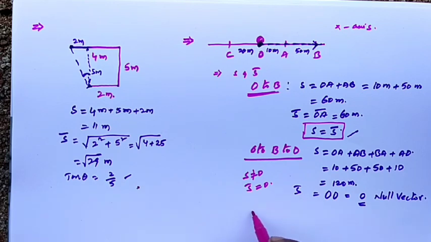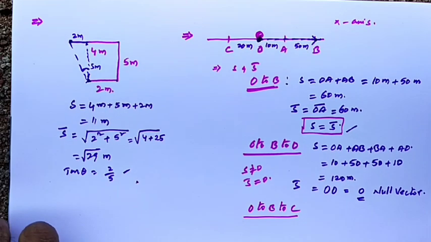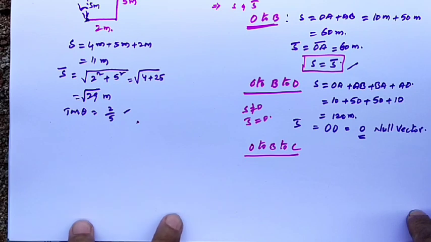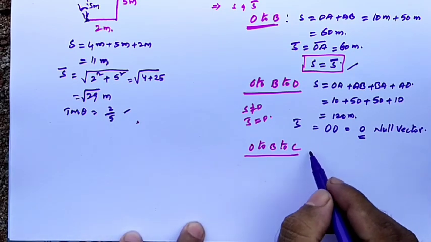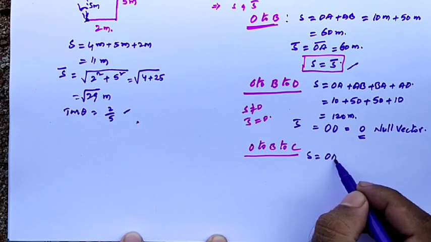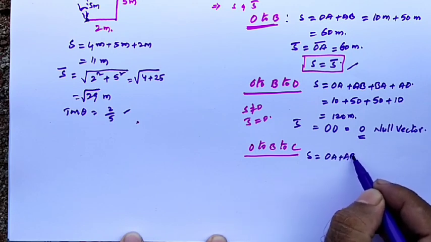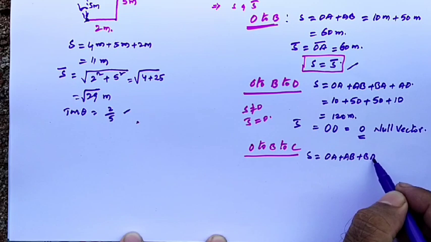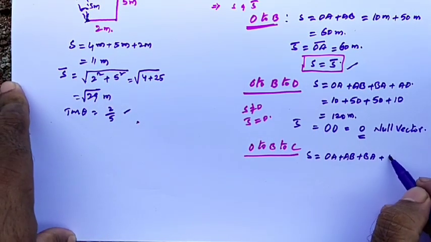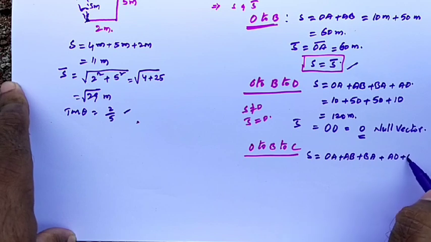Now let us see the third case. O to B to C. It has moved from O to B, next B to C. Now what is the distance? See this, it is OA plus AB plus BA plus AO plus OC.